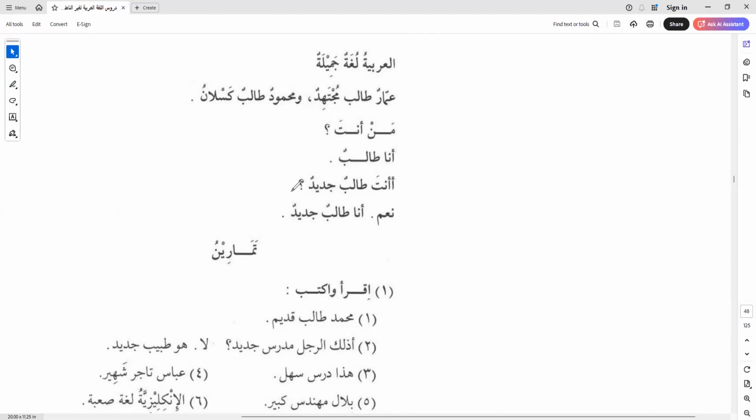And then we learn about talibun, a student, jadidun, new, mujtahidun, very important, and then kaslanun. So basically we have two opposite words here: lazy and hardworking. I hope you have benefited from this lesson, inshallah.